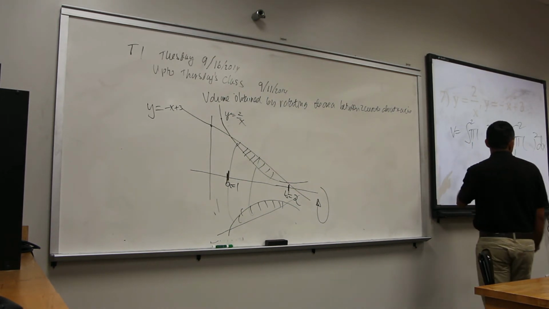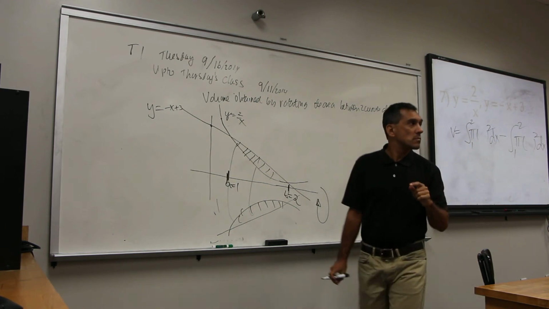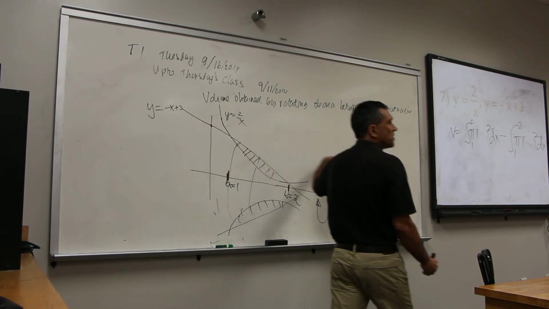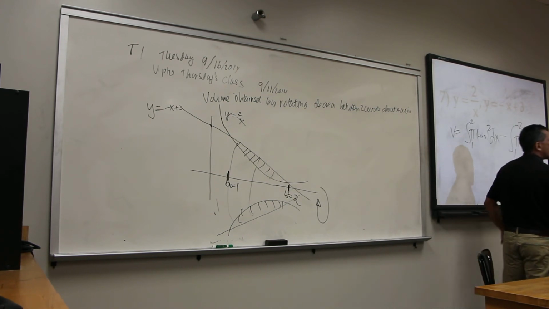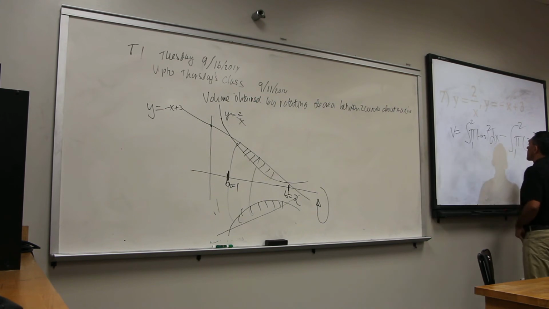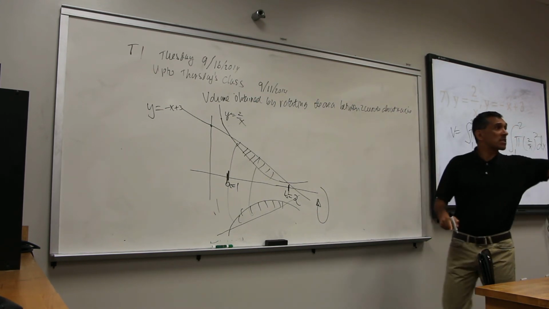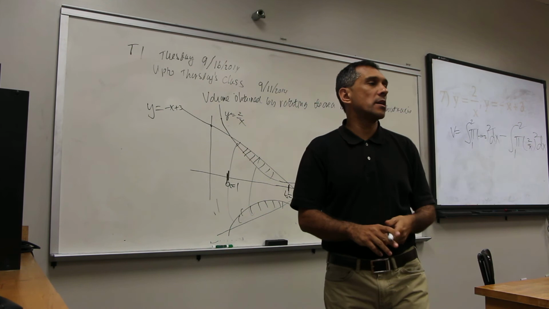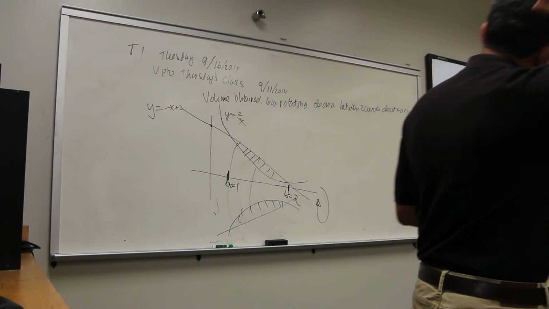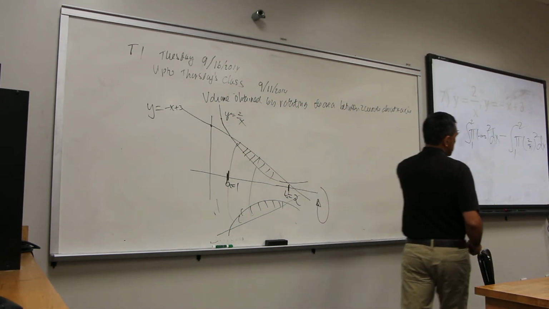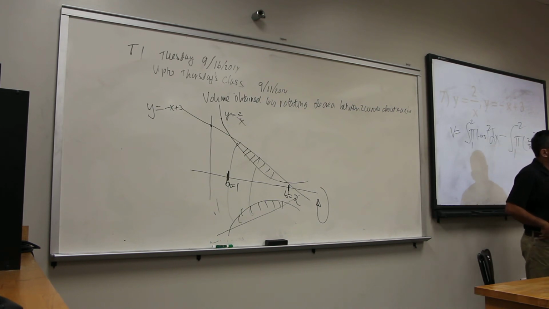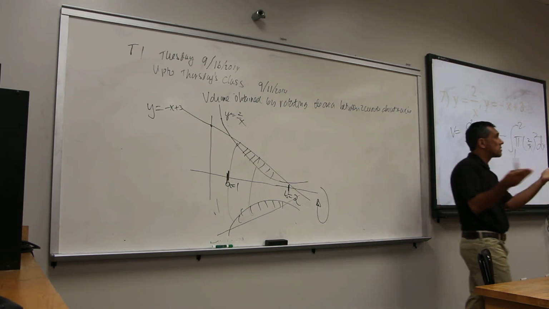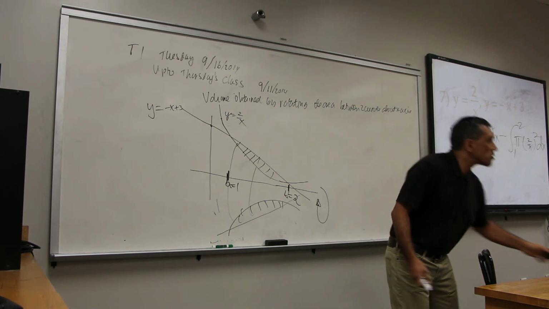And the one on the top is what? Negative x plus 3, and the one on the bottom is 2 over x. I would have to take that function, square it, multiply by pi, and integrate. I will have to take this function, square it, multiply by pi, and integrate from 1 to 2. Once I have those two integrals, I will subtract them to get the net volume.